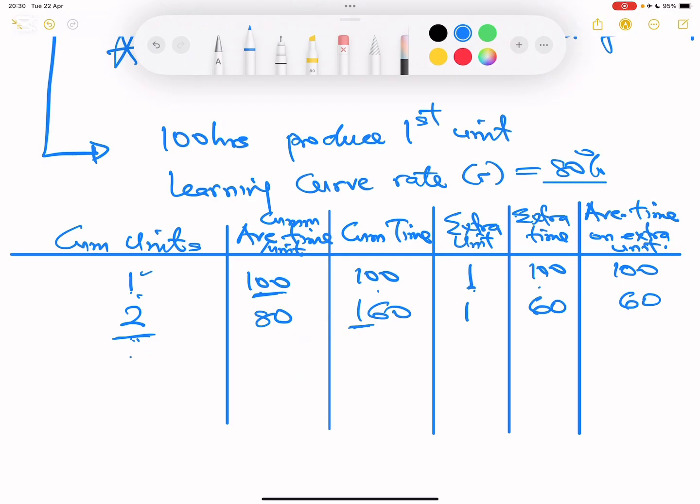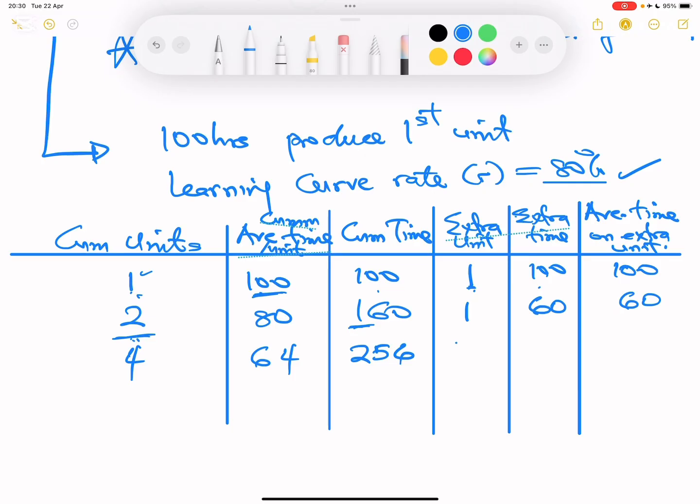If we double these 2 into 4, and our learning rate is still a constant 80%, then it will be 80% of 80, and that will be 64 hours. If we multiply 64 by 4, it gives us a cumulative time of 256 hours.